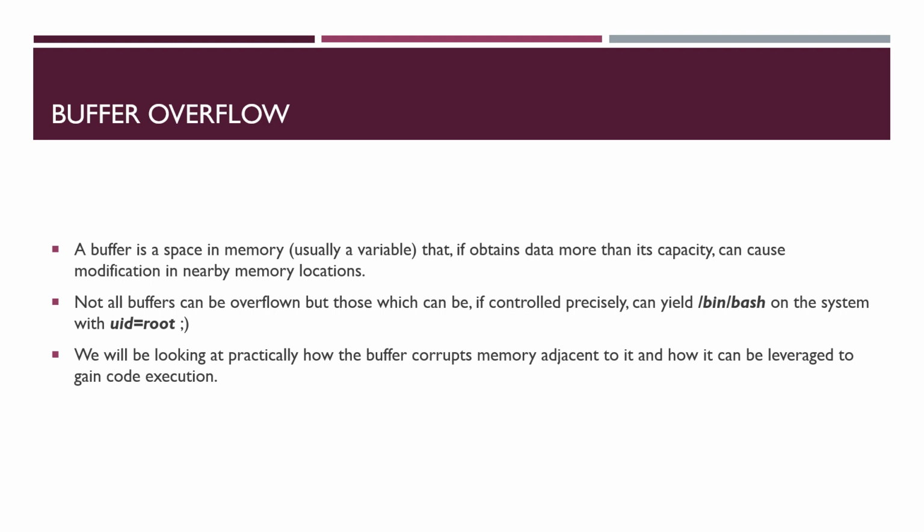So if your character array is, let's say, 12 bytes and you input more than 12 bytes, say 20 bytes, the remaining 8 bytes will also be copied. Since the buffer was only 12 bytes, the remaining 8 bytes will move to the nearby locations, thereby essentially corrupting the memory of that area.